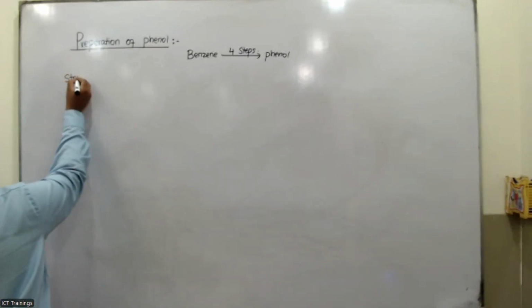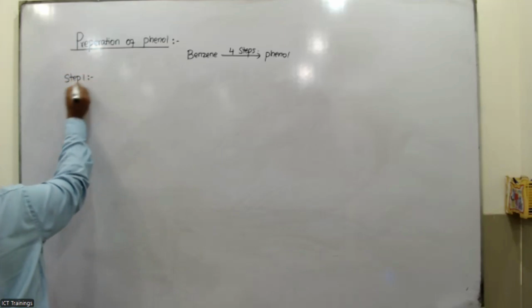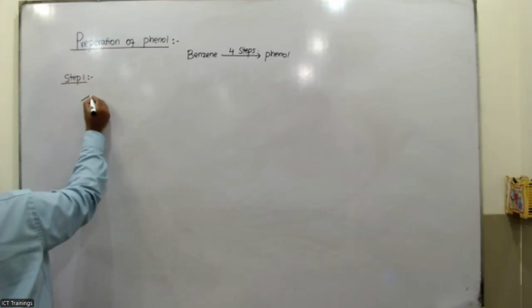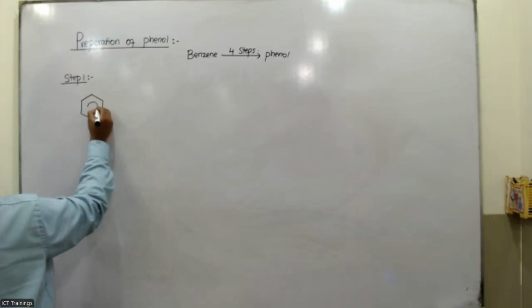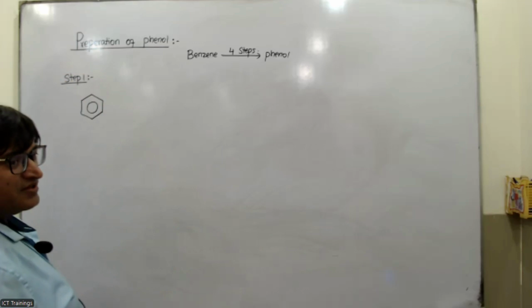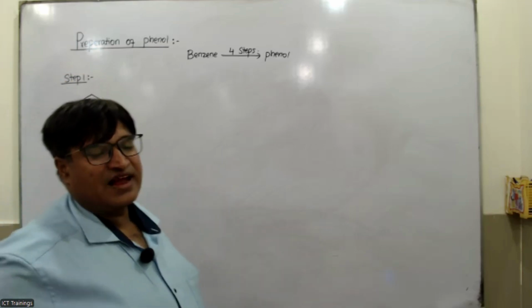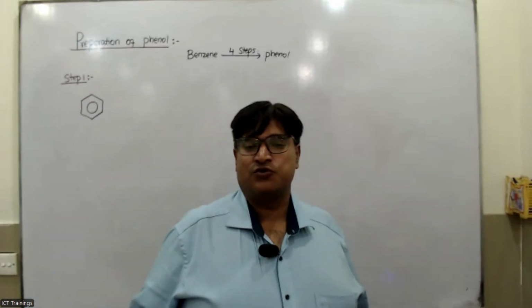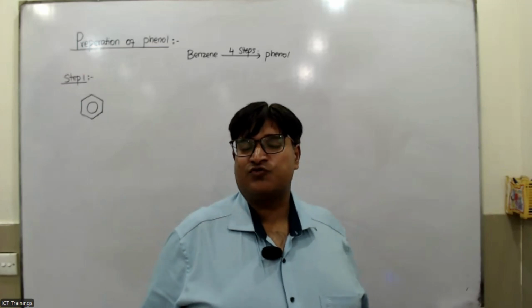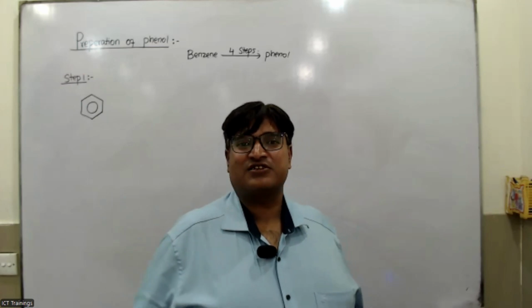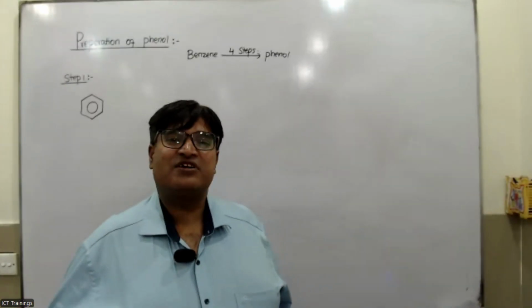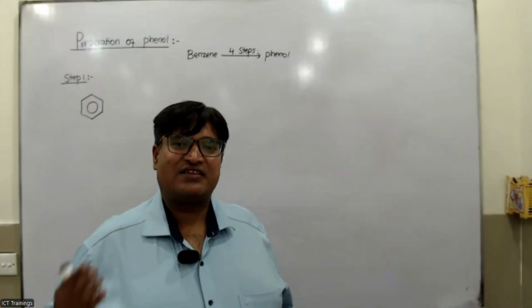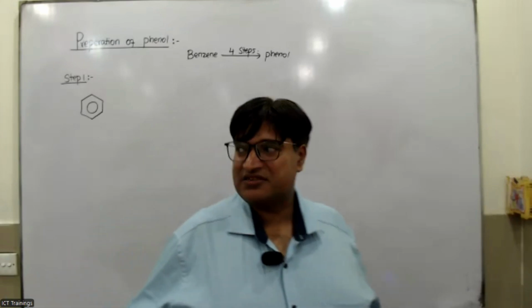In step one, we should take the benzene. So this, my dear students, is the benzene. You know that benzene could react with the 4 substances I told you. What are those 4 substances? The first is chlorine, the second is bromine, the third is halogen derivative, and the fourth is nitric acid.